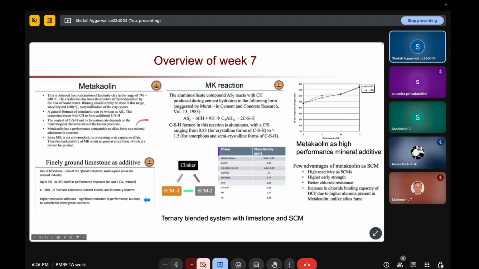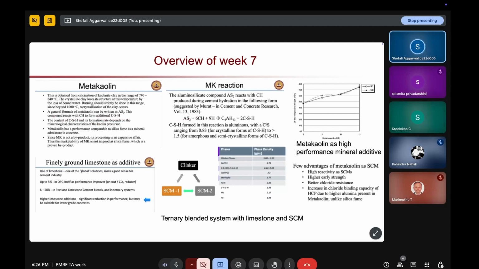In the same way, another type of SCM is metakaolin. It is obtained from clay, mainly kaolinite clay, by calcinating this clay at a very high temperature of 740 to 840 degrees Celsius. This burning should be continuous, and generally it has the formula AS2.